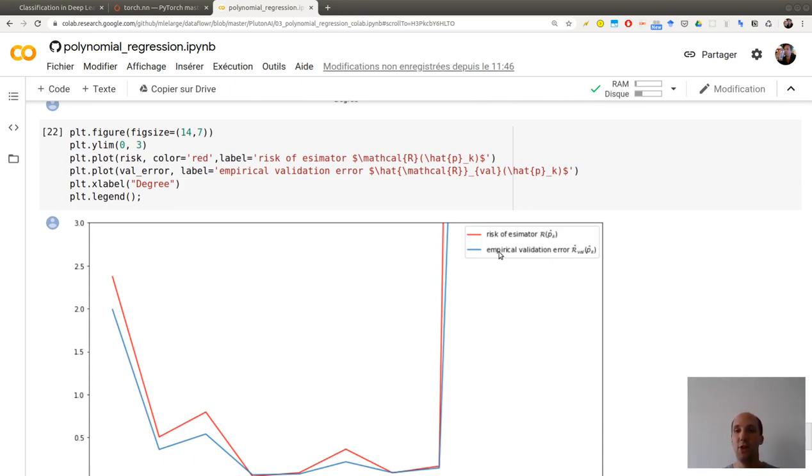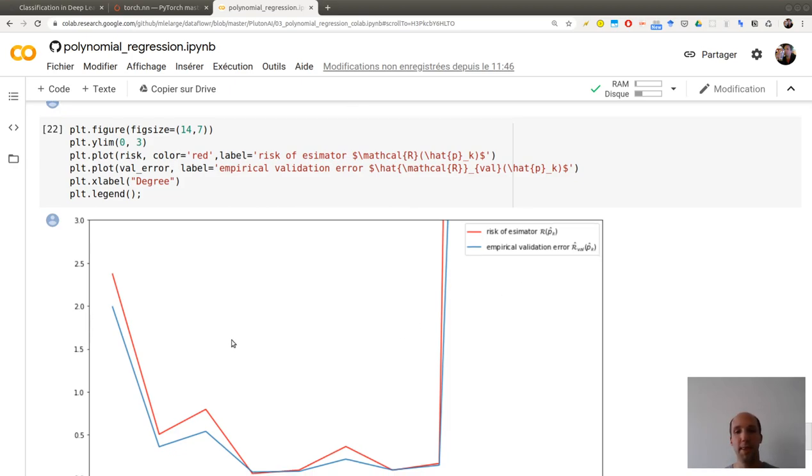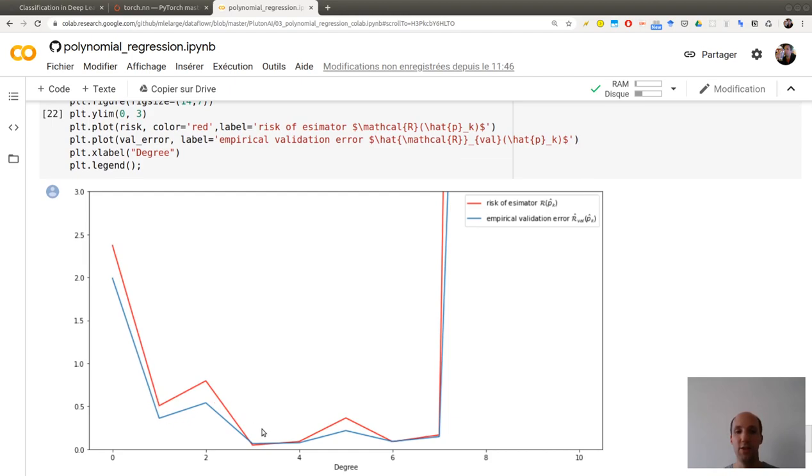So this is the risk of p̂, and this is the R̂ of p̂ in blue. And you see that there is a nice fit between the two values. So you can use the empirical validation error as a surrogate for the risk of your estimator. And taking the minimum of this blue value is a sensible choice in terms of choosing your polynomial.